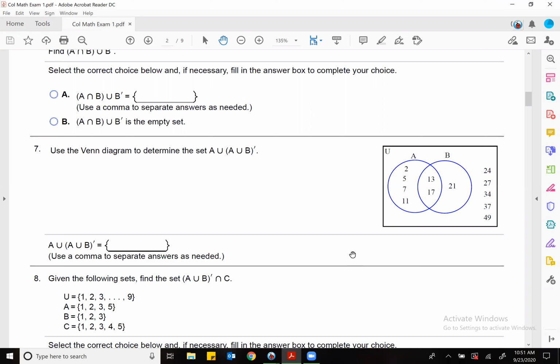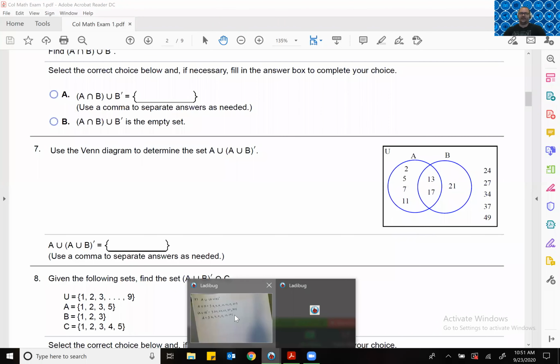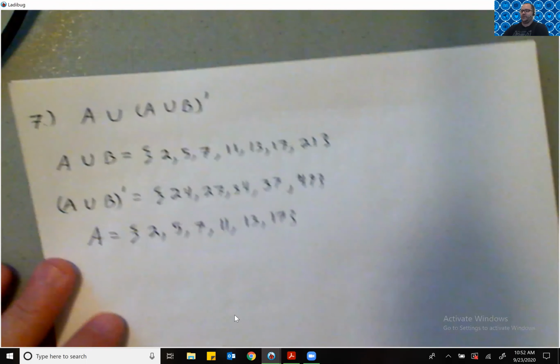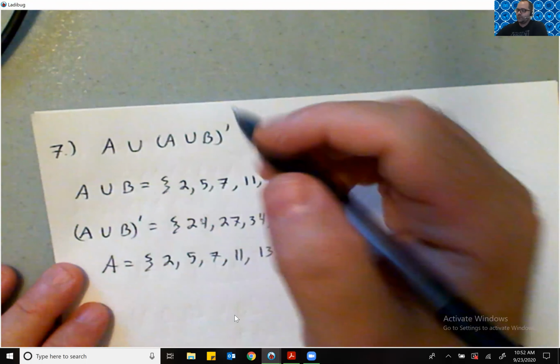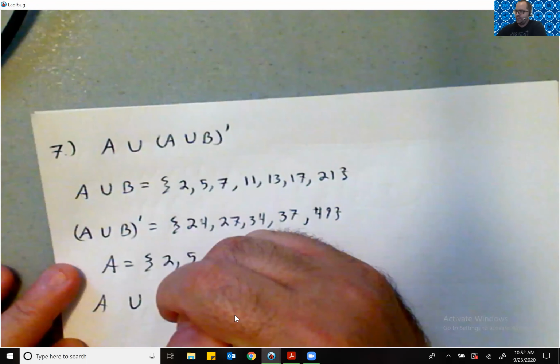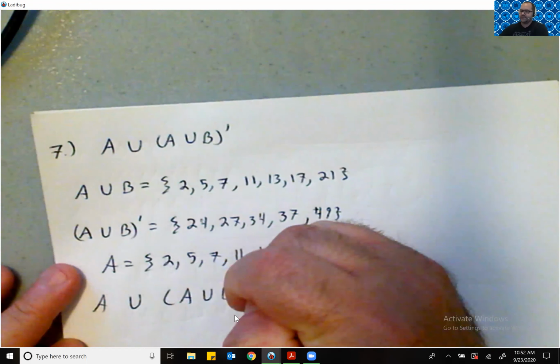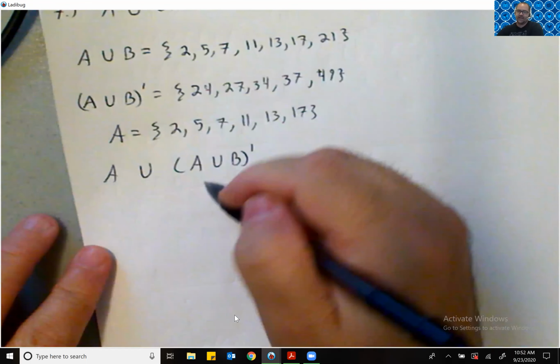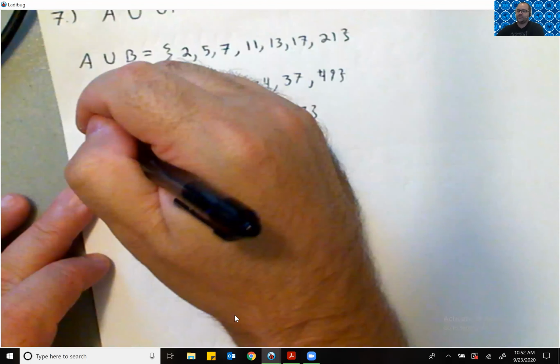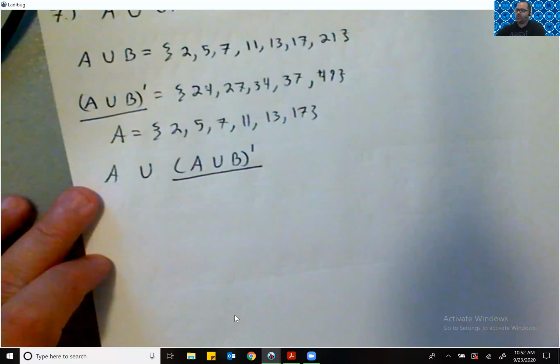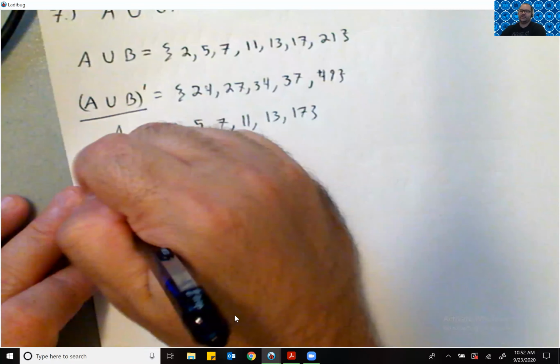And 13 and 17. And 13 and 17 because they are inside the circle A. So all these numbers are in A. Okay, so now we have everything that we need. We don't need that picture anymore. So we now can do the whole thing because we know what this set is. It's right there. We know what set A is. It's right there.